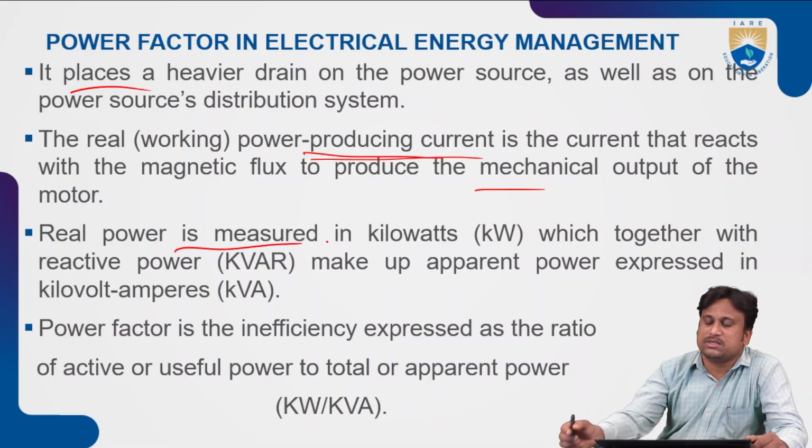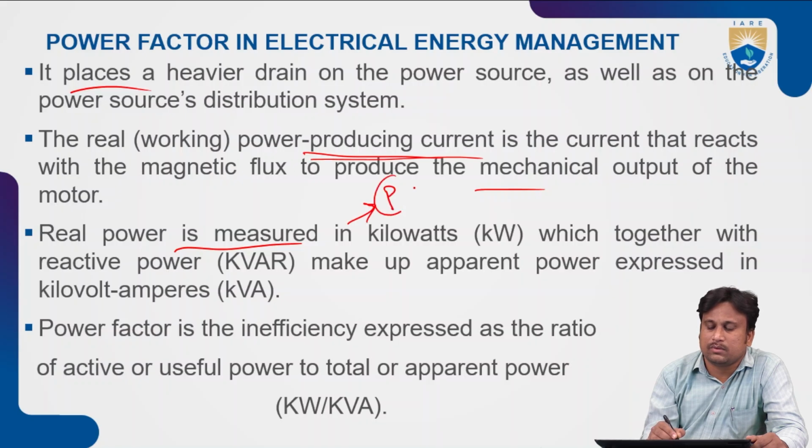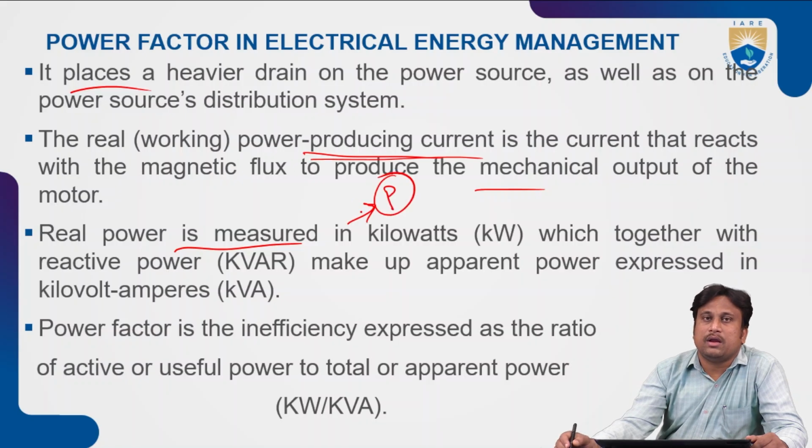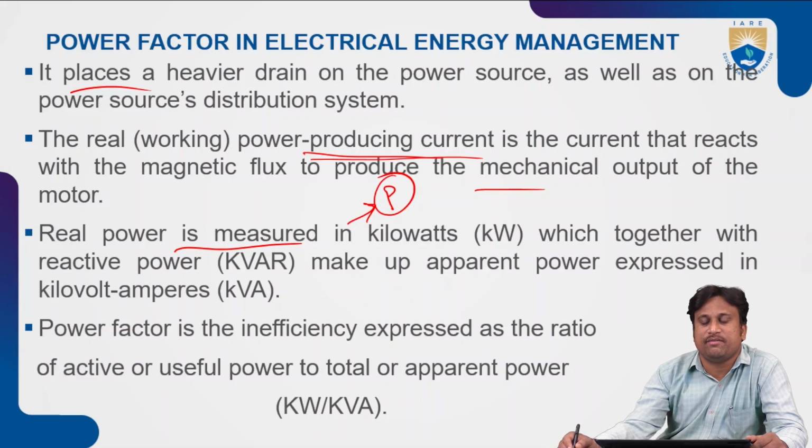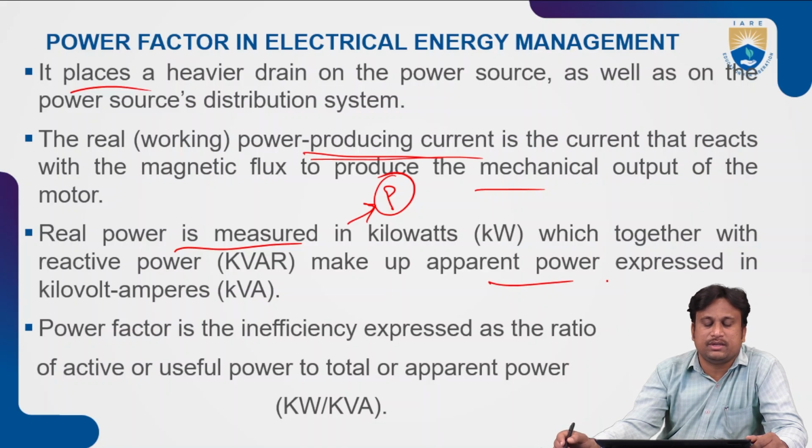Real power is denoted with P and is measured in kilowatts, which together with the reactive power, kVAR, makes up the apparent power, expressed in kVA, that means kilovolt amperes.